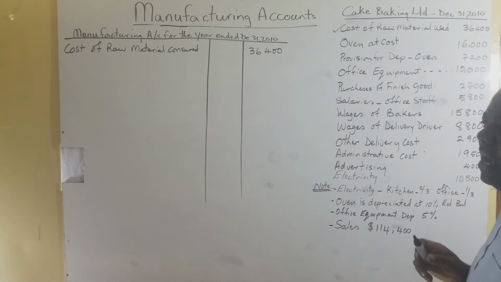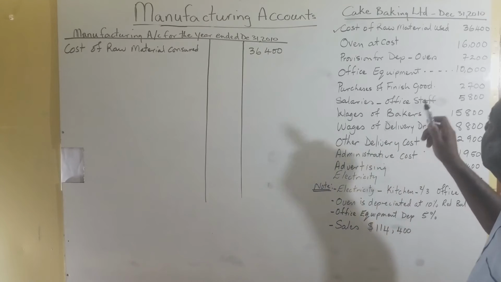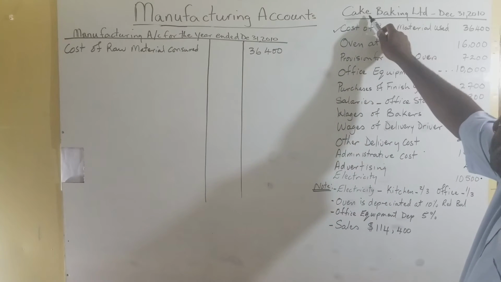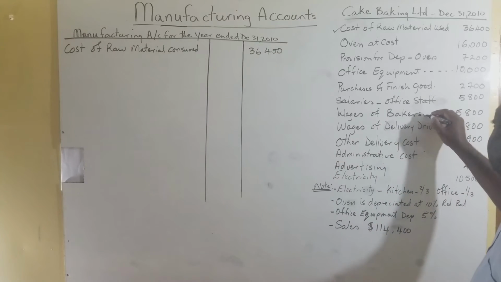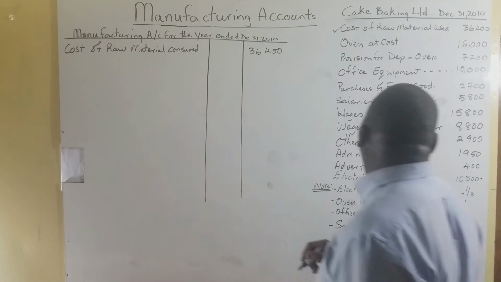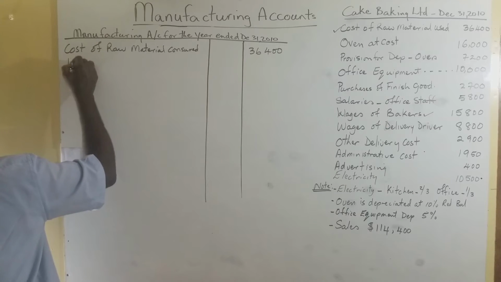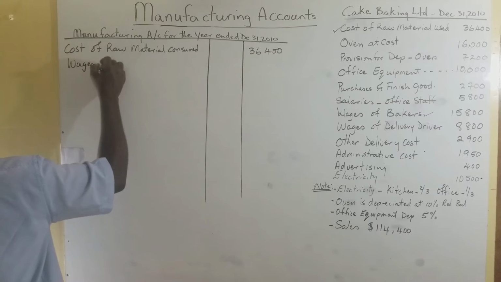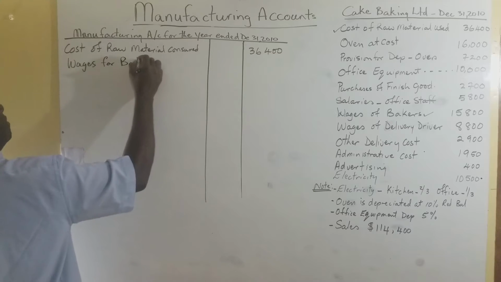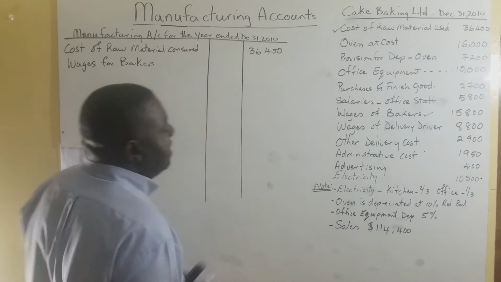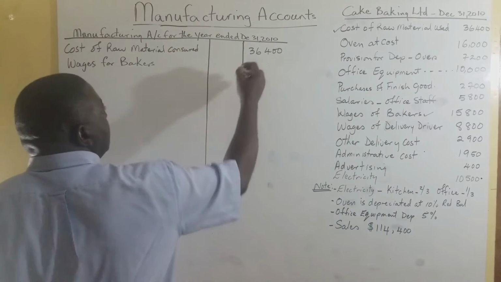No, that's not a direct cost. Wages for bakers, yes, because the business is what? Cake Baking Limited, so direct wages would be for the bakers. So wages for bakers, and that figure is 15,800.